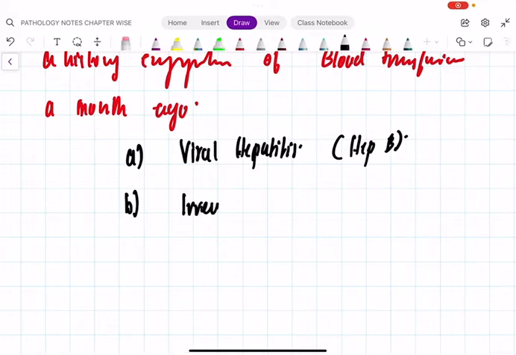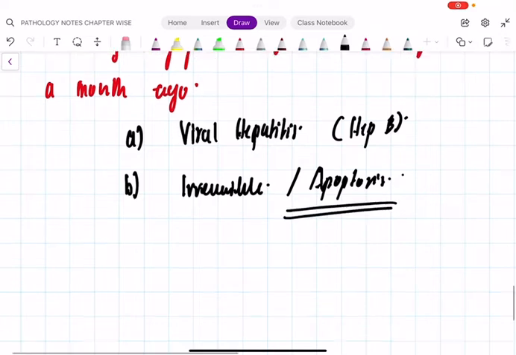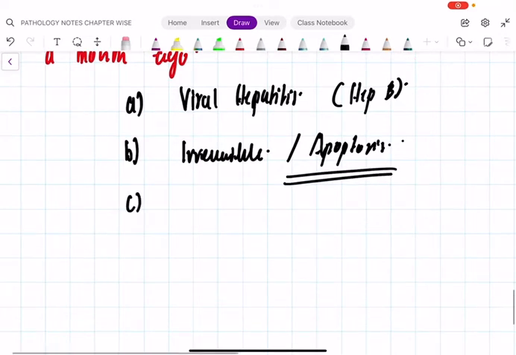Irreversible cell injury. Can you tell whether necrosis or apoptosis happens? Answer is apoptosis. Am I right? Why apoptosis? You already know. Viral etiology, definitely the mechanism of cell death is apoptosis.